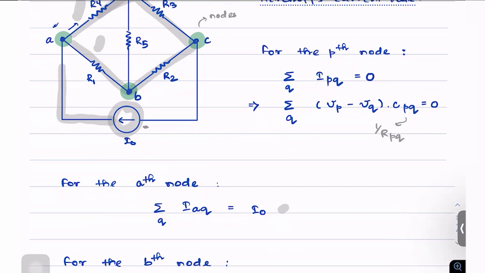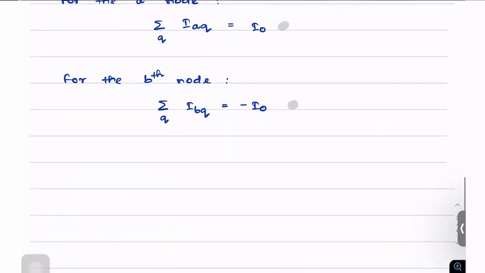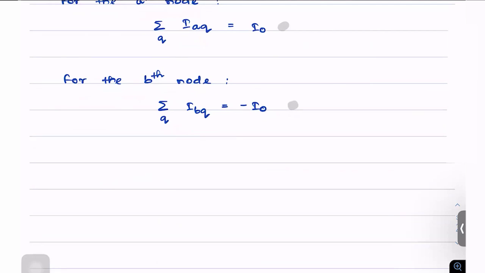Now, putting this together, combining all of these current equations for each of the nodes, we can now get a more simplified form.